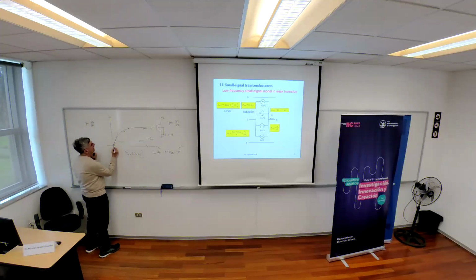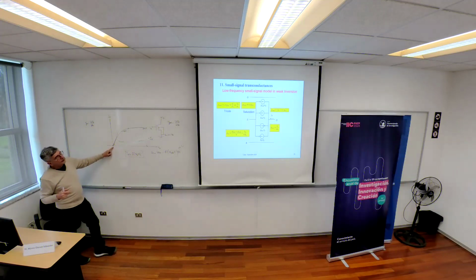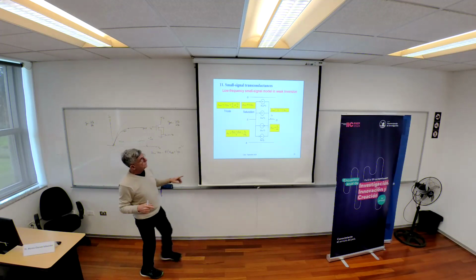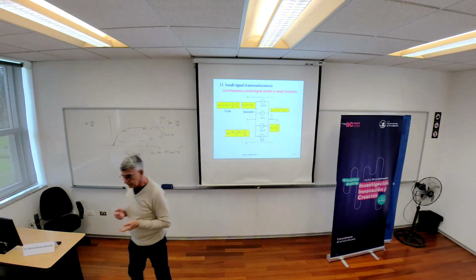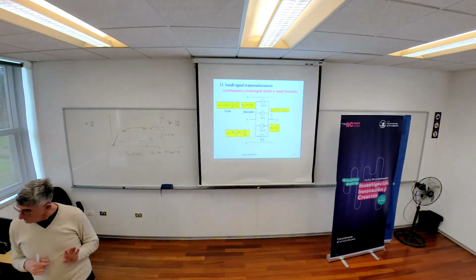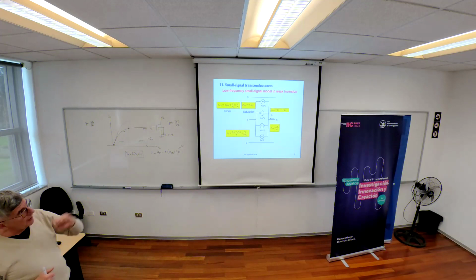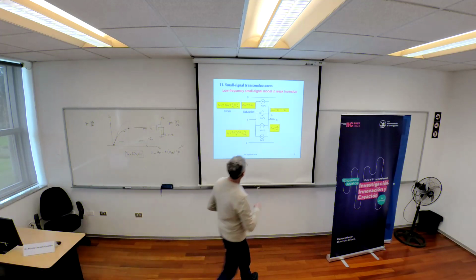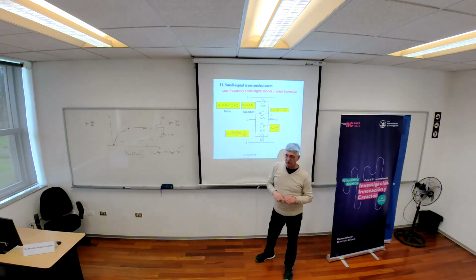But the current doesn't change if you operate the transistor with VDS equal to 0. If VDS is equal to 0, ID is equal to 0. So at the origin, at VDS equal to 0, GM is always equal to 0. And GMB is always equal to 0 as well when ID equals 0. Okay?